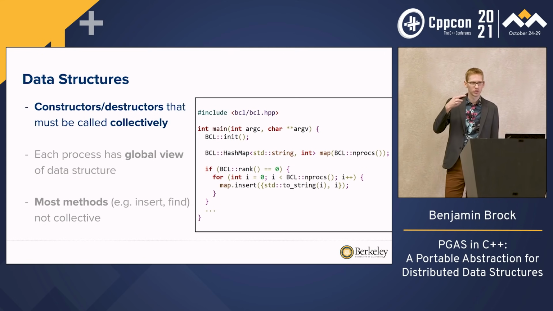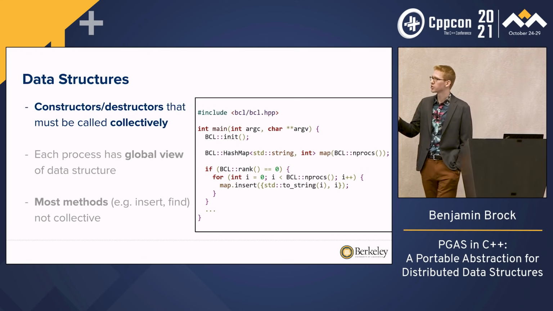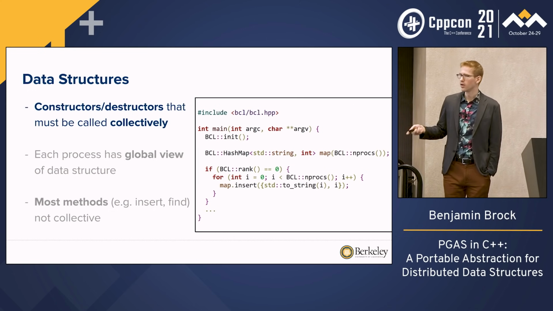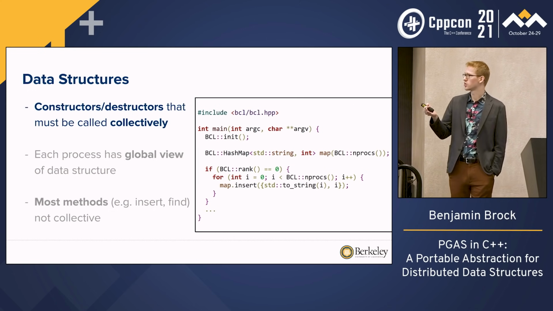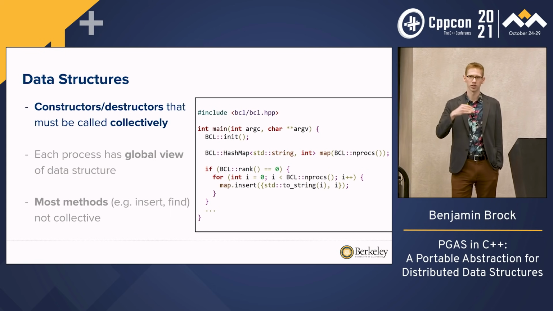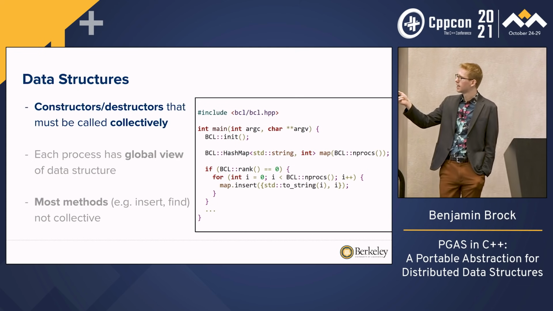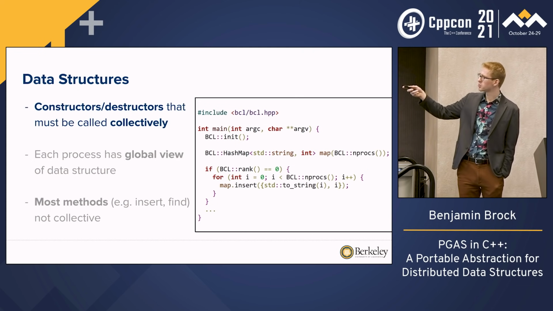When it comes to actually using one of these data structures, the constructors and the destructors are called collectively. What that means is just that they all call the constructor and the destructor at the same time. Here we have one of these SPMD programs that we've written.